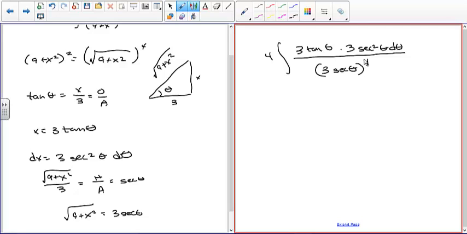Does everybody understand what was done there? Okay, so now we have to somehow simplify this thing. So let's see what we got.